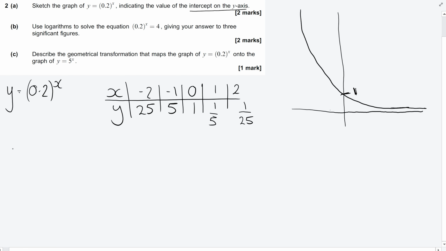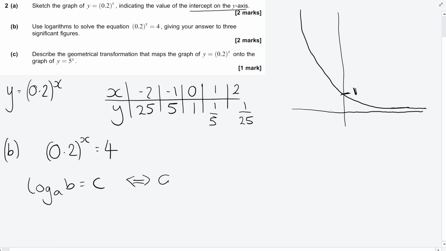Now for 2b, so for part B, I'm now looking to solve the equation when it's equal to 4. So 0.2 to the power of x equals 4. Now there's 2 ways you can approach this question. You can approach it with the definition of a logarithm. So log a b equals c, which means, so when we think about what that's equivalent to, it's a to the power of c equals b.